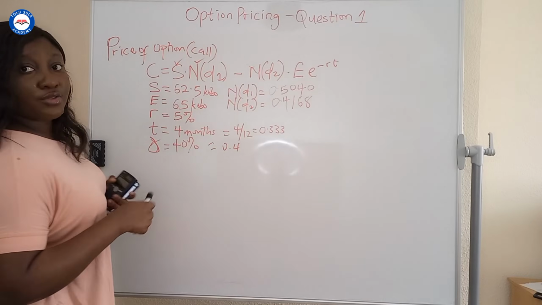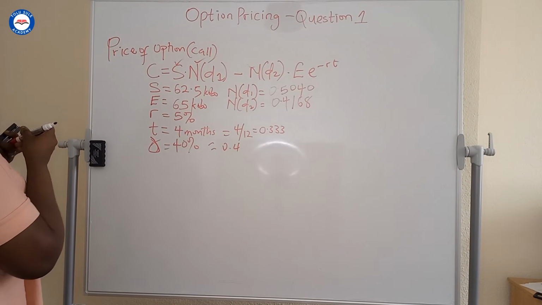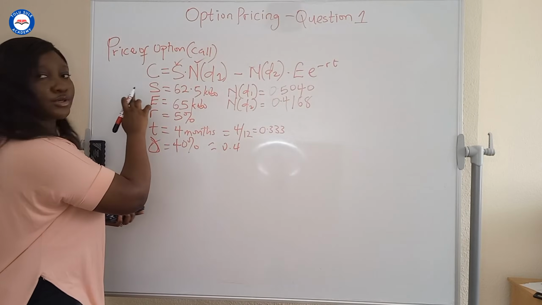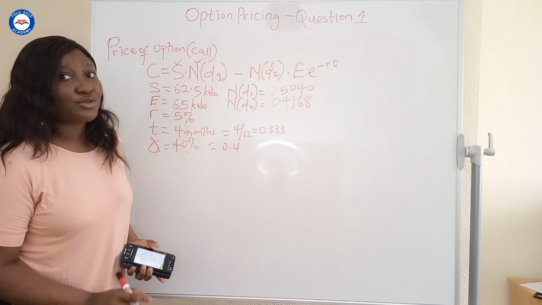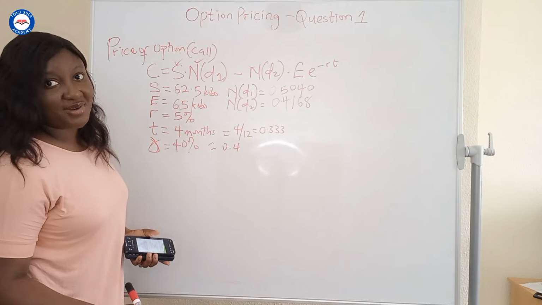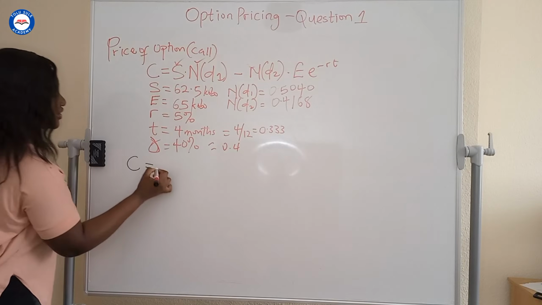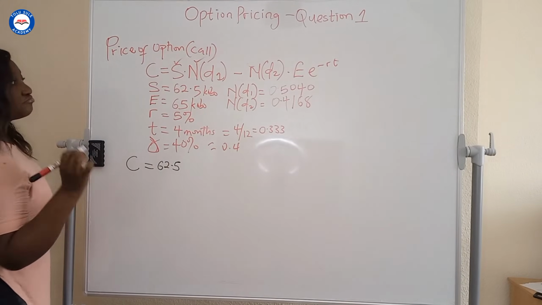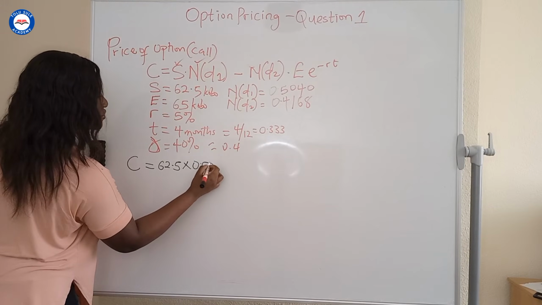So now that we've gotten all the variables, we can then put it in the formula and calculate. So your C, which is what they asked you to solve, don't forget, if you stop at ND1 and ND2, you've not gotten your marks. You've not even gotten half of your marks. C equals, what is your S? 62.5. What is ND1? Multiplied by 0.504.